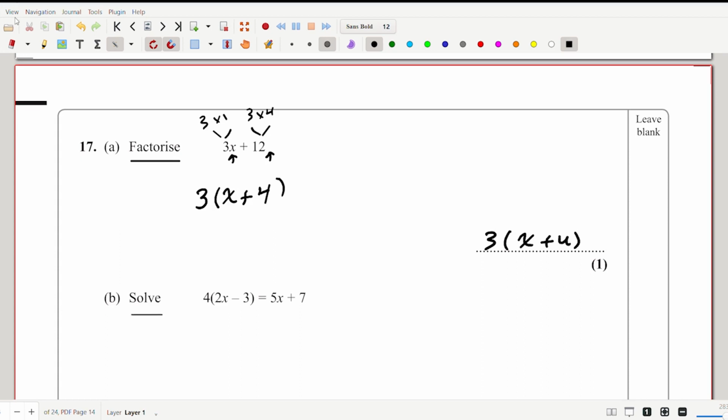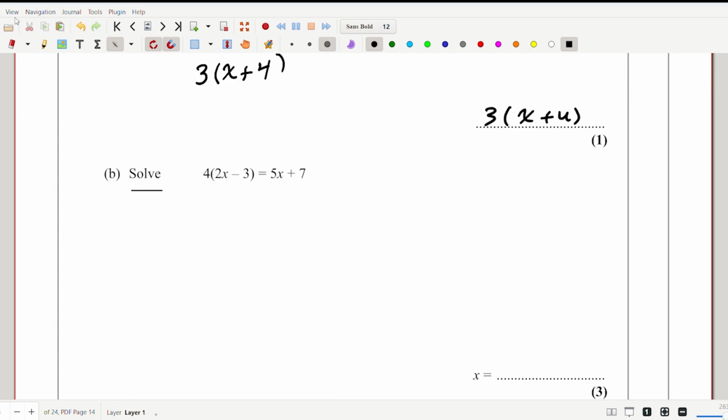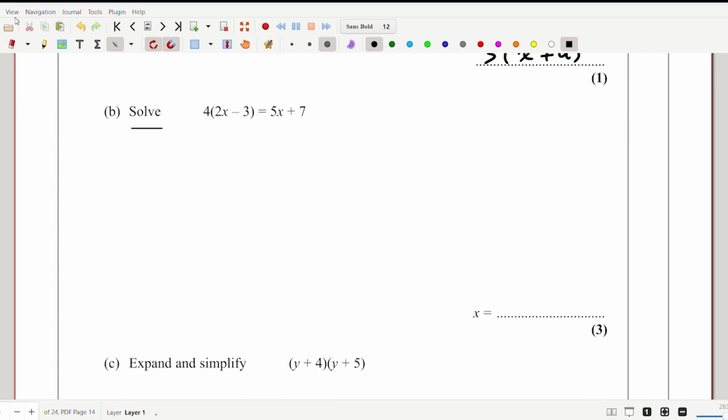Now solve this. We have brackets on the left hand side, we should expand it, so 4 times 2x is 8x minus 4 times 3 is 12, equal 5x plus 7. Now minus 5x from both sides. It's better to move the small number to the big number, so 5x is smaller than 8x.